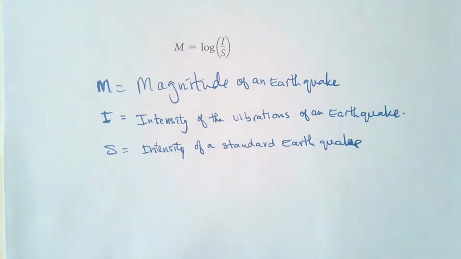So relatively speaking, if we have an earthquake of magnitude 4, it means it's 10 to the power 4 times much greater.